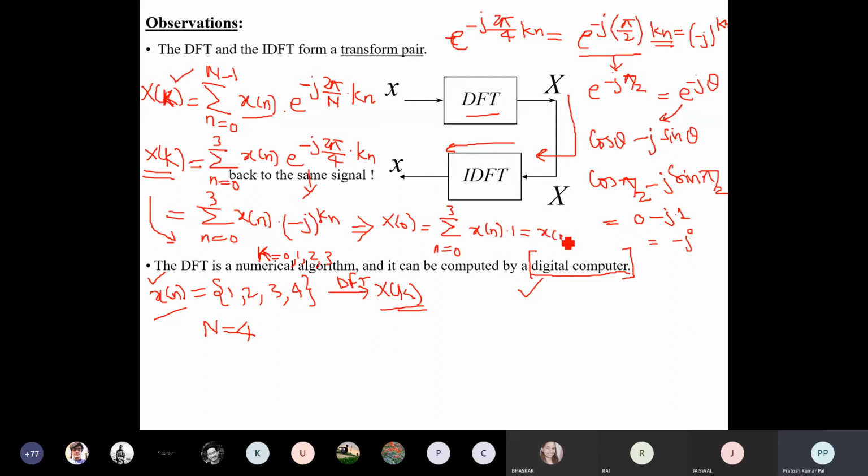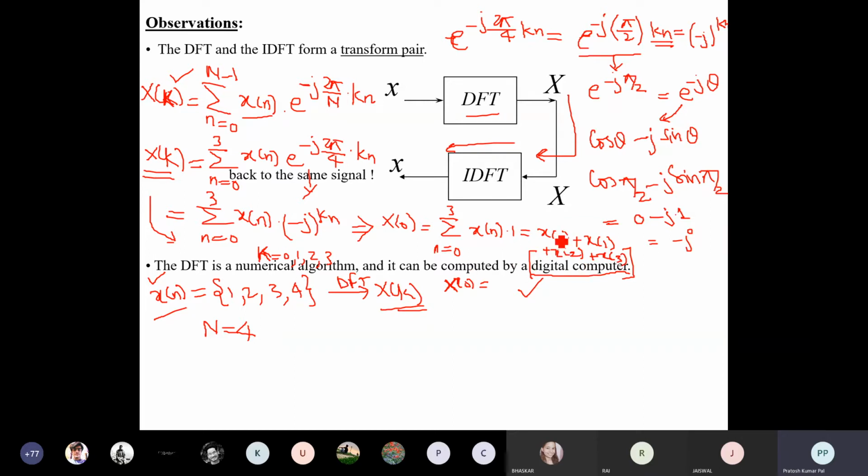So it will be the summation of x of 0 plus x of 1 plus x of 2 plus x of 3. Okay, so from there, capital X of 0, because there is very limited space, will be given by the summation of small x of 0 plus small x of 1, then 2 and 3.